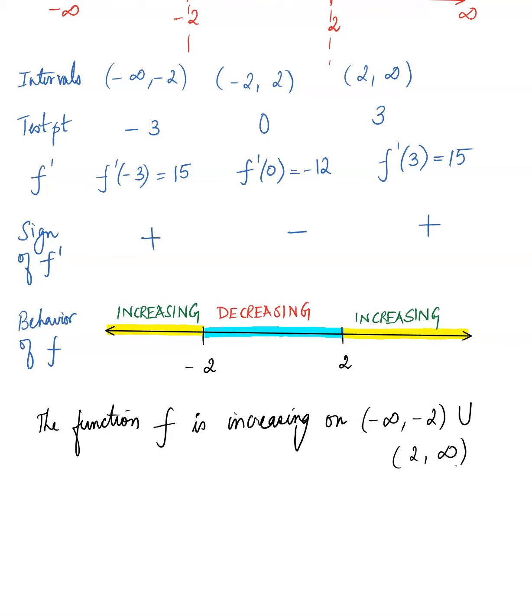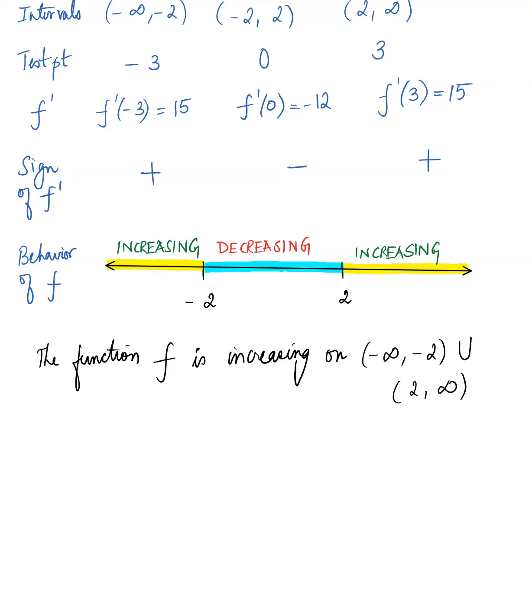When there is a gap, you bring in the union symbol to link the two disjoint intervals. Then we say the function f is decreasing on -2 to 2. Please do not include the end points because it's the interior that we're talking about.